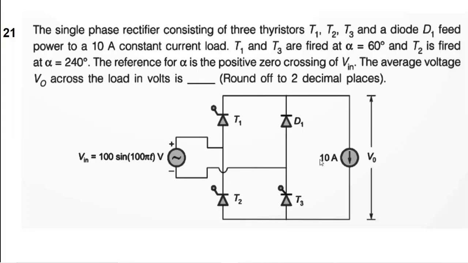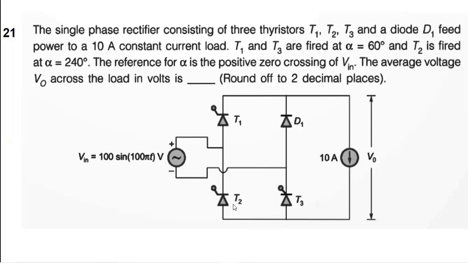So now at pi, until T2 is triggered, though T2 is forward biased during the negative half cycle, it will start to conduct only at 240 degrees, that is pi plus alpha. Until then, D1 and T3 will provide a freewheeling path for this 10 ampere current. So during that time, V0 will be equal to 0.